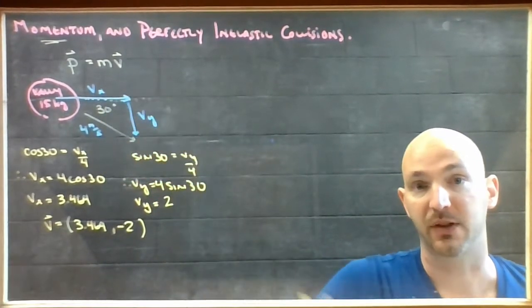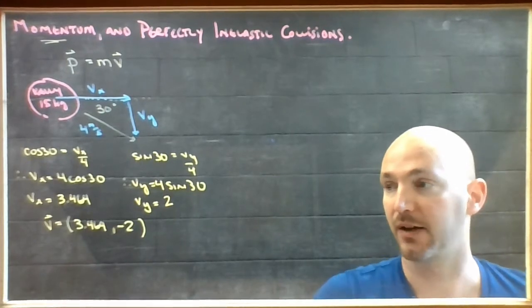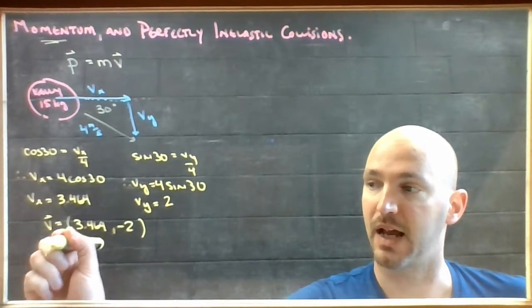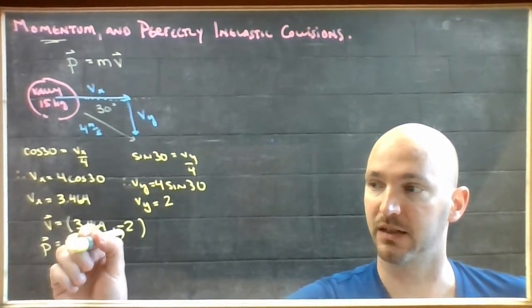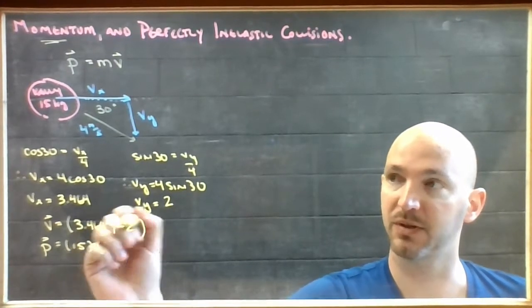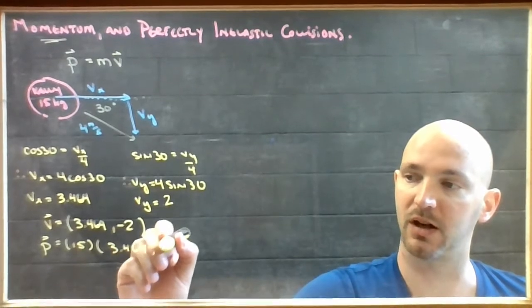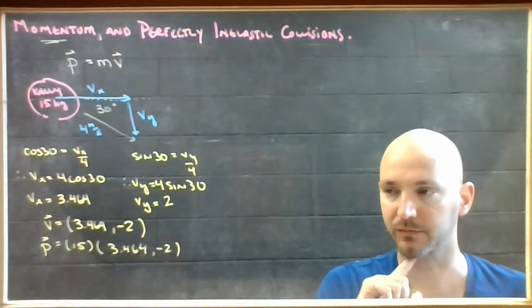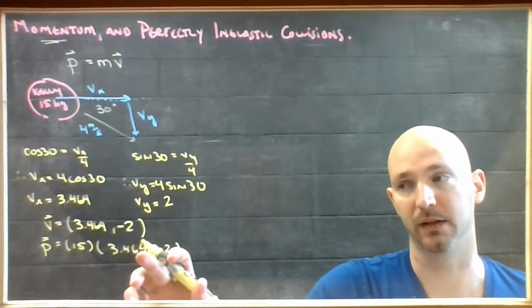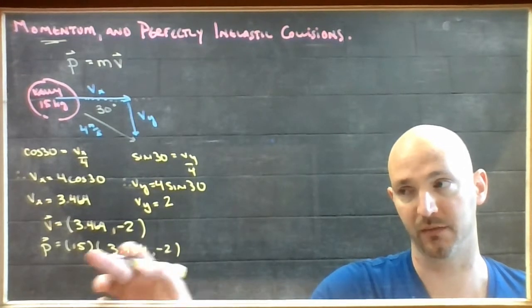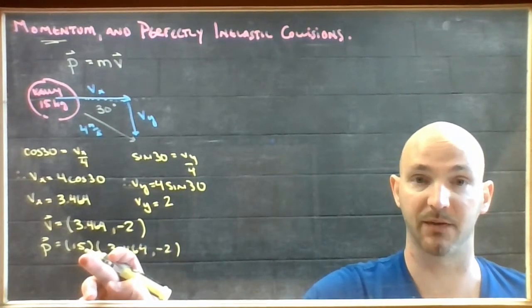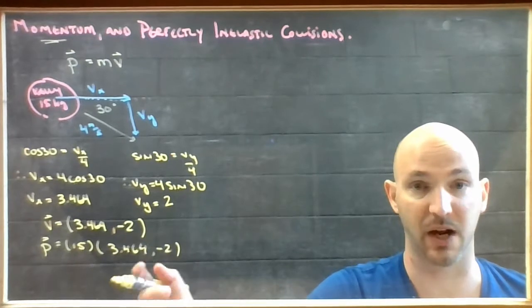So in order to calculate Kelly's momentum then, I have to take Kelly's mass, which is 15 kilograms, and I have to multiply it by this velocity vector, 3.464 comma negative 2. And if you're multiplying a vector by a scalar, right, something that doesn't have a direction, you just toss it into the brackets.